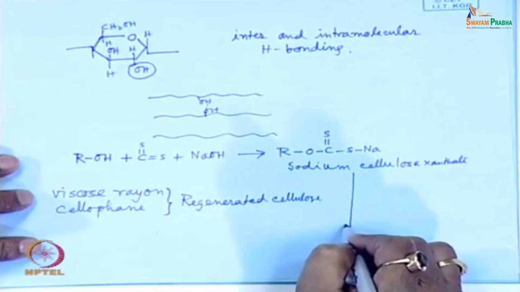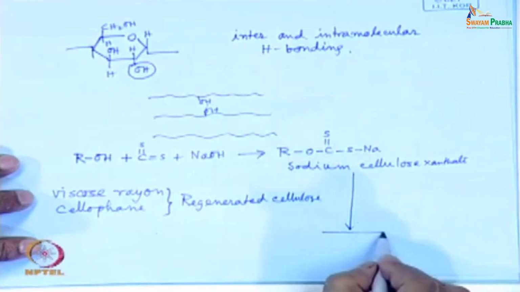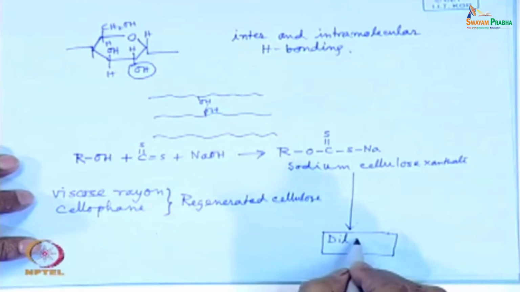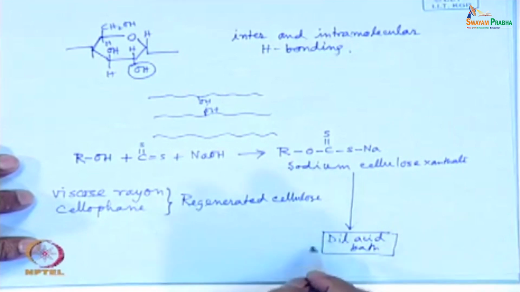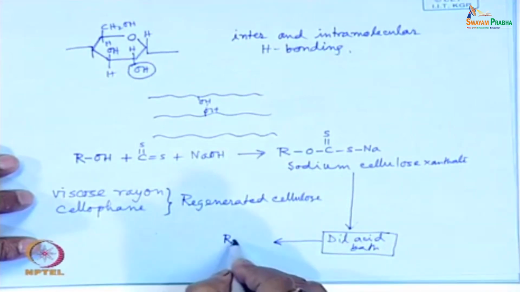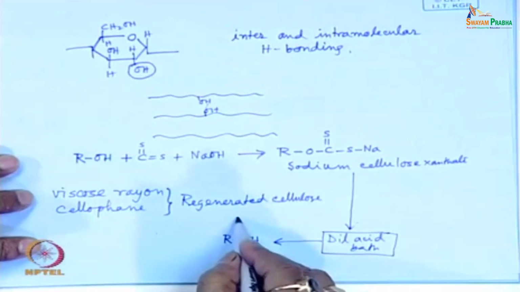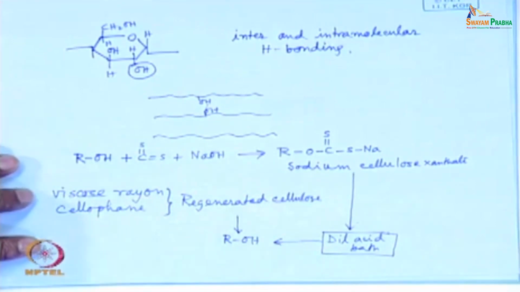Then, when it is put into an acid bath, say dilute sulfuric acid, what happens? You get the cellulose back. This is regenerated cellulose. Mercerized cotton is processed cotton.